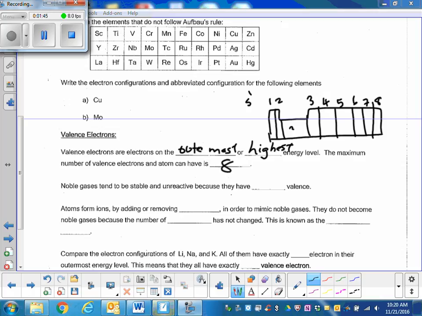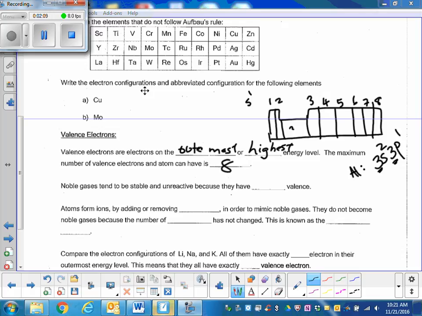So if you come to group 13, all right, let's look at aluminum's electron configuration. If you look at aluminum, the electron configuration will end in 3s2, 3p1. Is that right? The energy level is still 3. Yes or no? The highest energy level is 3.